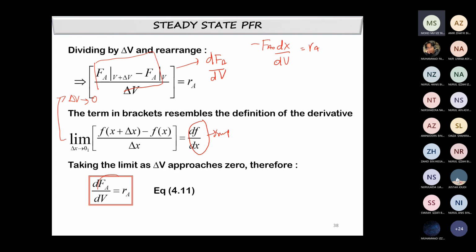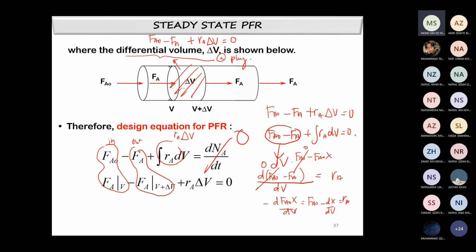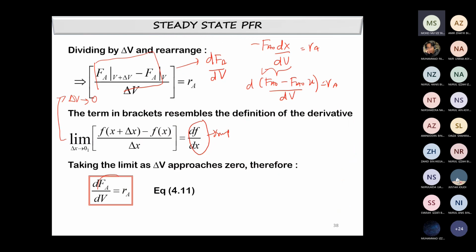This is what I expanded, which is d FA0 minus FA0 X over dV is equal to RA. Just follow what I did here. I expanded it into this d. Okay, bring this here first. Alright, RA we leave alone, dV we bring to the bottom. So we turn this into a differential equation with respect to the change of V. So that is the equation you will get.